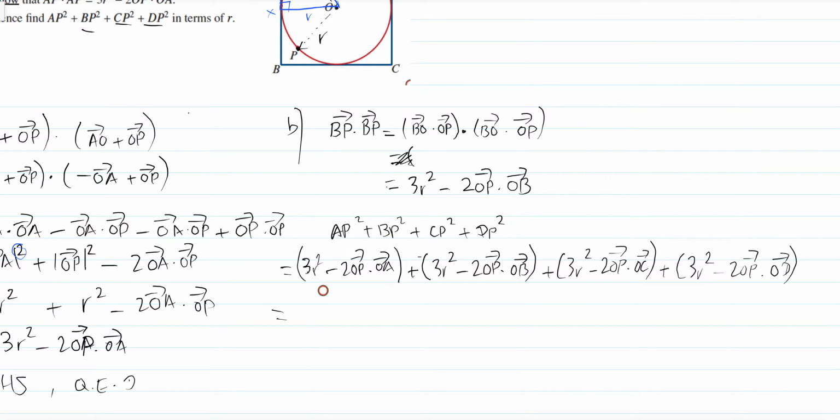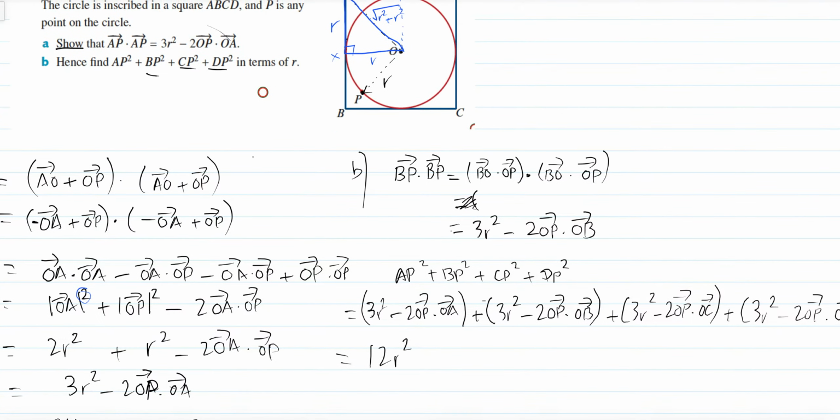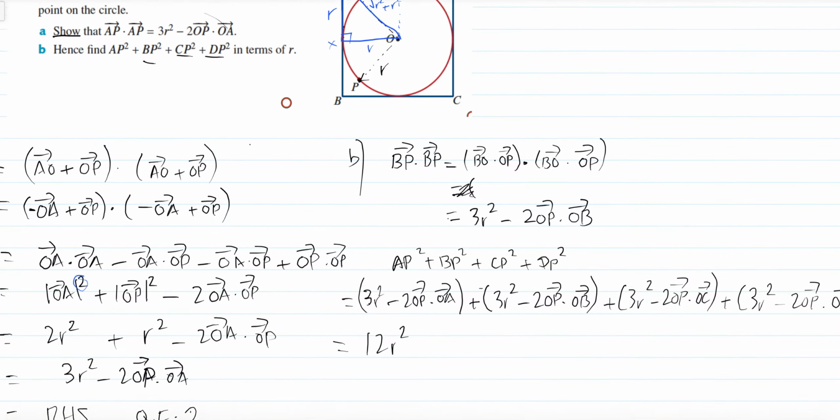Okay, so you can just add all your 3R squares together and you should get 12R squared because there's 4 of them. And as you can see over here, we need it in terms of R, so that's fine, right?